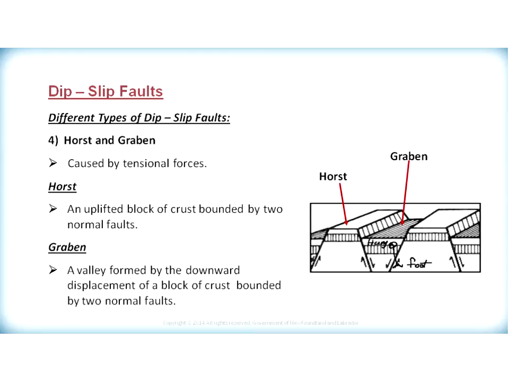Even on the other side, if we draw a stickman across, he would be standing on the footwall, and his head would be on the hanging wall. So in this case, a Horst would be the block of crust that is basically higher than the Graben, and it is bound by two normal faults, whereas the Graben would be a valley.